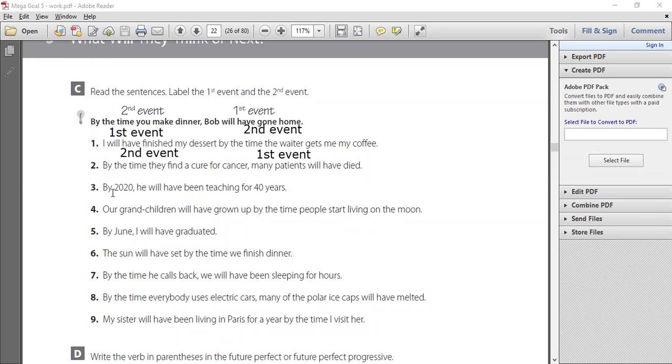Two events. Which one is the first event, Rima, do you think? By 2020. Very good. Yes, by 2020 is the first event. Excellent. If you have a question, ask me, Thalith. And the second event is that he will have been teaching for 40 years.